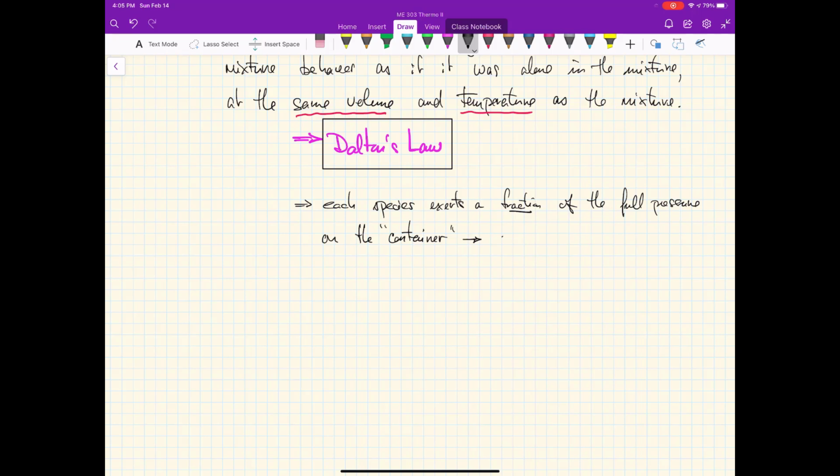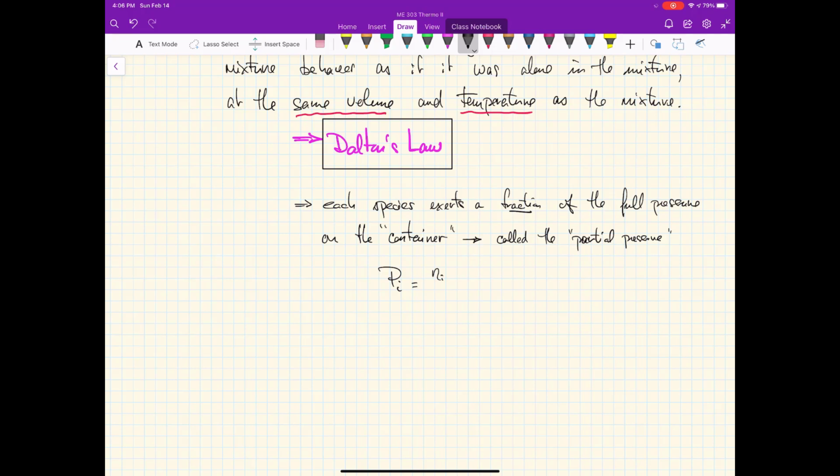So each species exerts a fraction of the full pressure on, I'm going to call it the container, whatever the surroundings are.